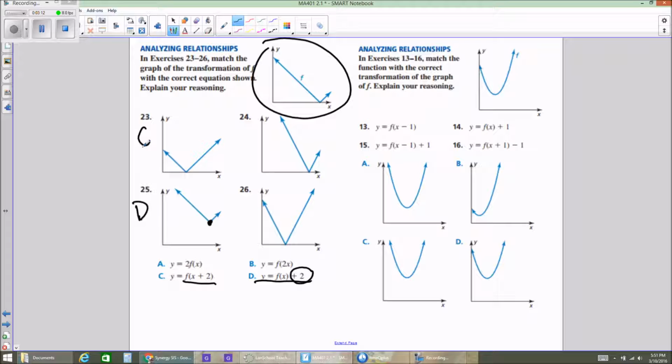Now, the horizontal stretch and shrink is the one that's happening on the inside with the x. So I already know for sure that that one there is the horizontal stretch or shrink. And because the a value is a 2, it says it's a shrink toward the y-axis.